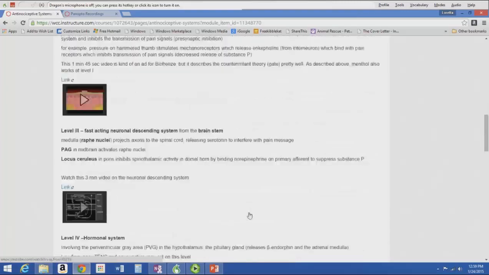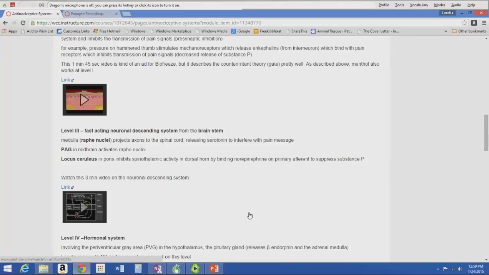Level 3 is a fast-acting neuronal descending system from the brainstem. So there's a part of the medulla that's called the Raphe nuclei. And whenever we're talking about nuclei, we're talking about a collection of neuron cell bodies that have a common function. Okay, so there are a lot of nuclei in the brain.